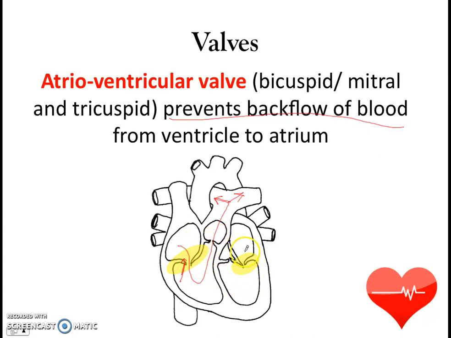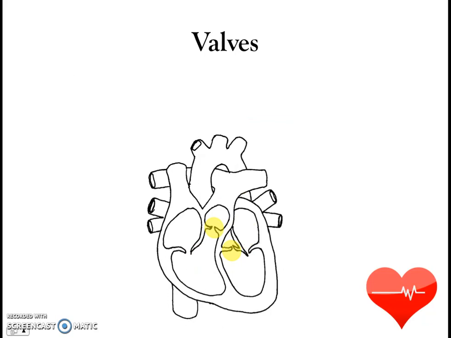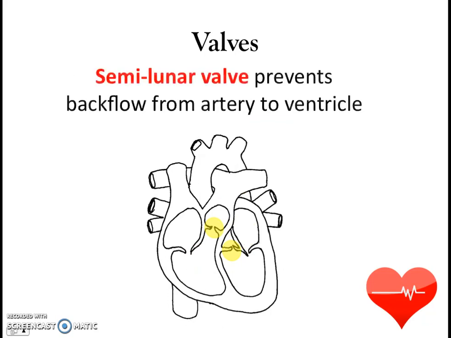Same on this side, blood normally moves from the left atrium into the left ventricle, and then the left ventricle will contract, blood will move out of the heart. There's a risk of some blood moving back into the left atrium, but this valve will close and prevent blood from moving back into the left atrium. How about our semilunar valves then? Well, our semilunar valves prevent backflow of blood from the artery to the ventricle.